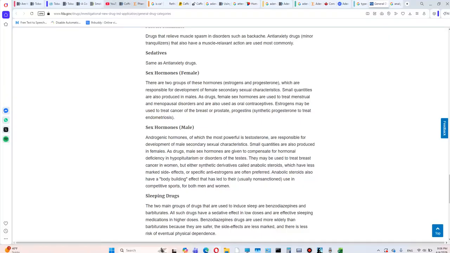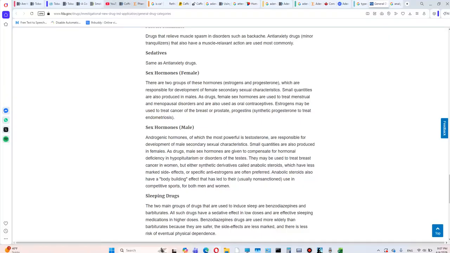As drugs, female sex hormones are used to treat menstrual and menopausal disorders and are also used as oral contraceptives. Estrogens may be used to treat cancer of the breast or prostate. Progestins, synthetic progesterone, to treat endometriosis.